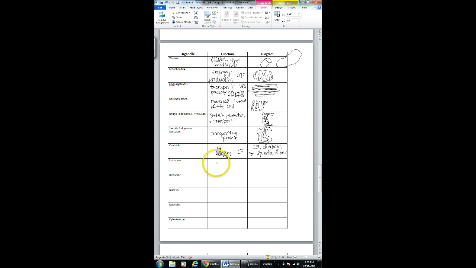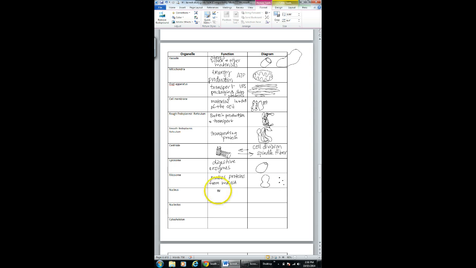Okay, lysosome, these have digestive enzymes. And they house the chemical reactions in the cell, and they look a little similar to a vacuole. They have a smaller head with a larger body. Okay, the ribosome, this makes proteins from mRNA, and they are little tiny dots for the most part.